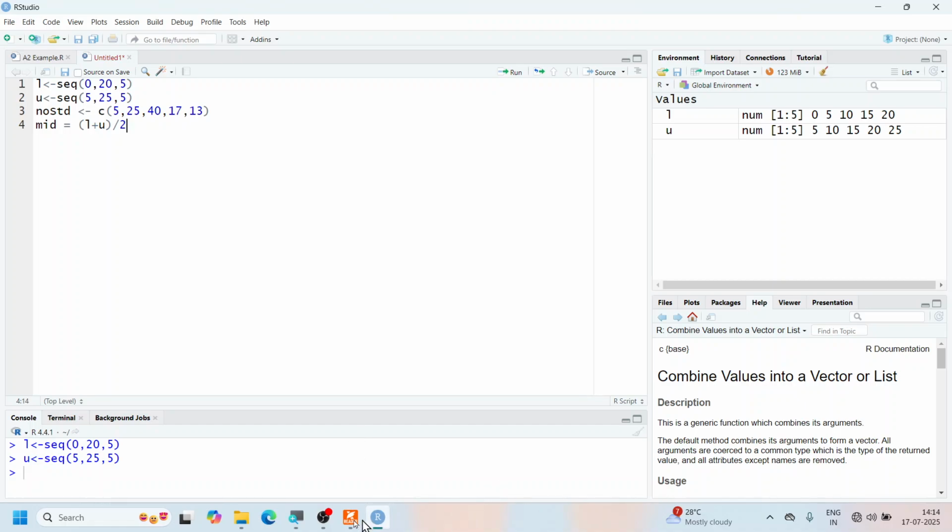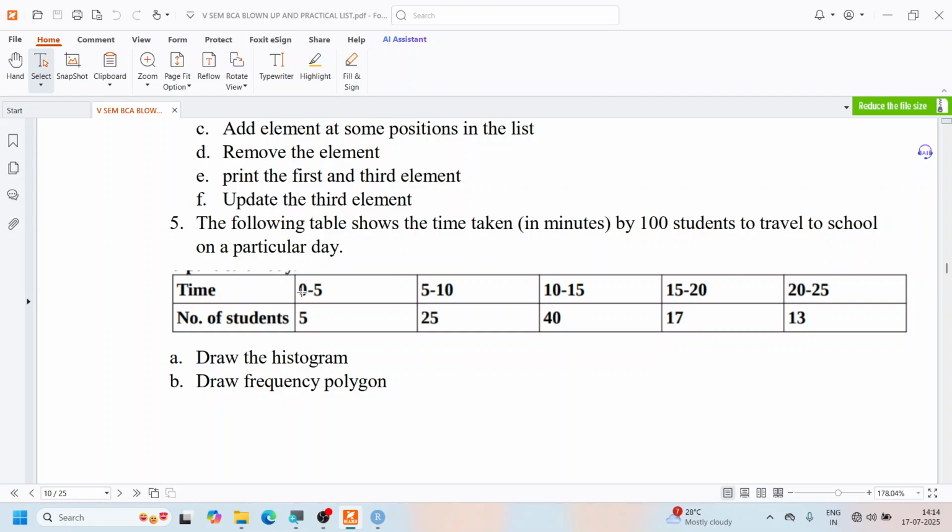So lower limit is 0, 0 plus 5 by 2, this is 2.5. 5 plus 10, that is 15 by 2, 12.5... no, sorry, this is 7.5. Then 10 plus 15, that is 25 by 2, this is 12.5 and so on. So you are going to get this mid value.